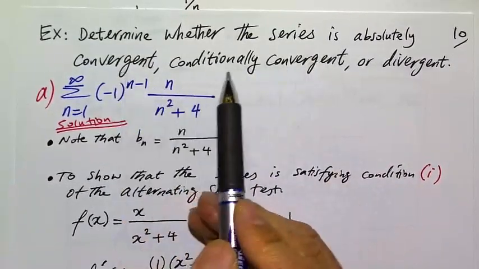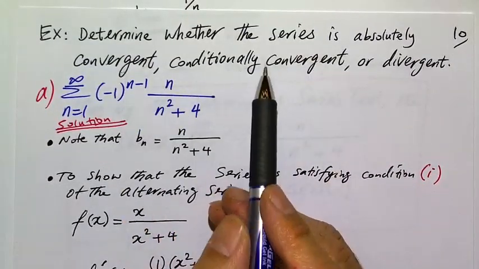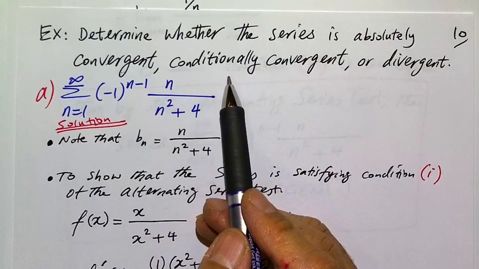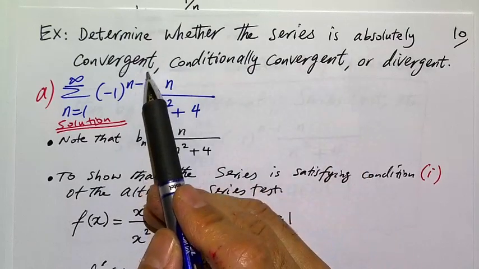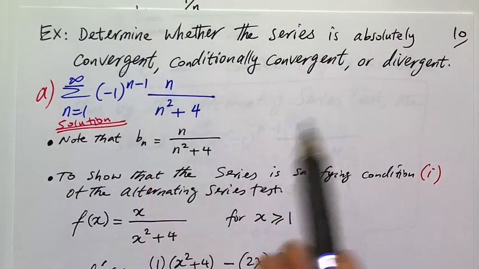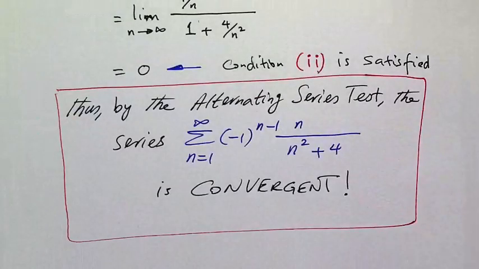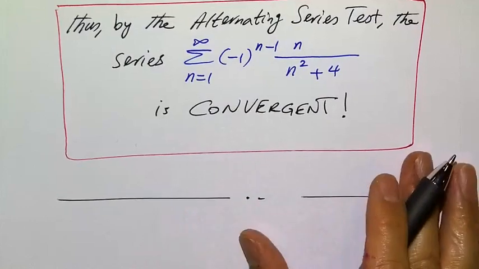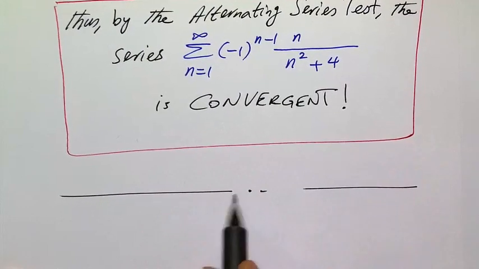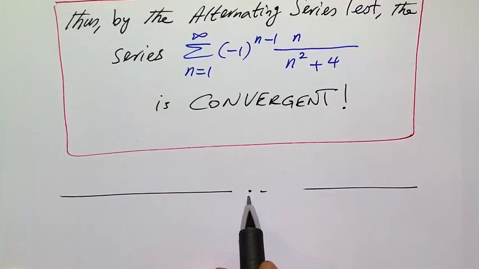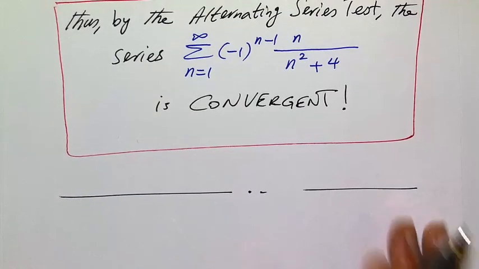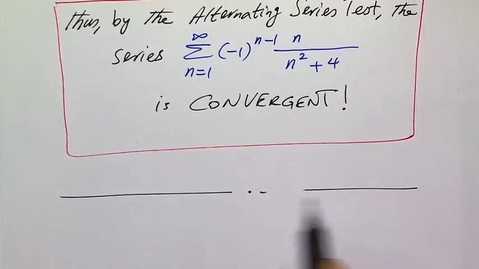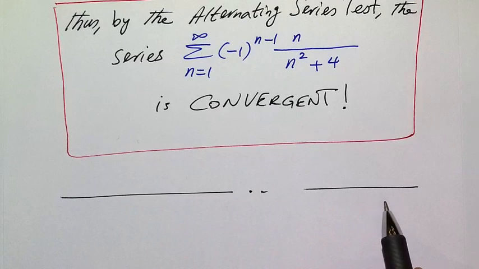We've shown that this series is convergent, but we should now investigate if it is absolutely convergent or not. So this is not the end of it. Let me add that. We should investigate whether this is absolutely convergent or not.